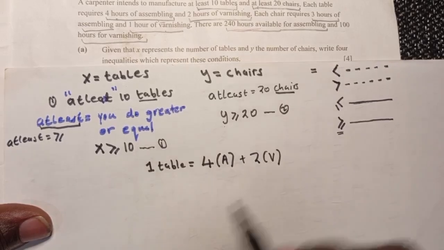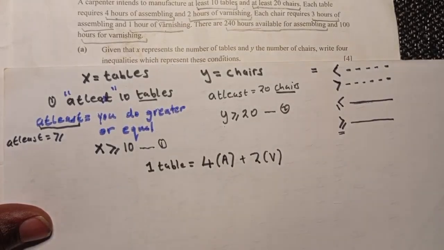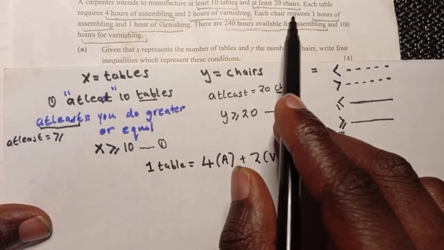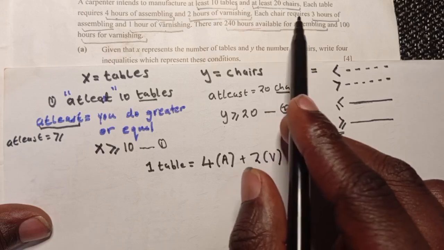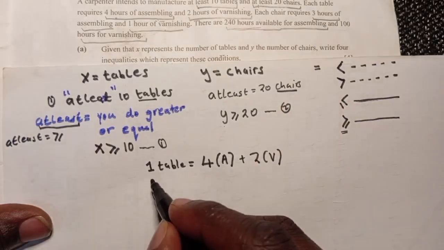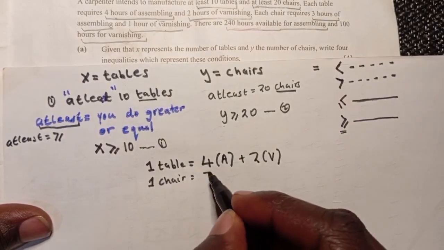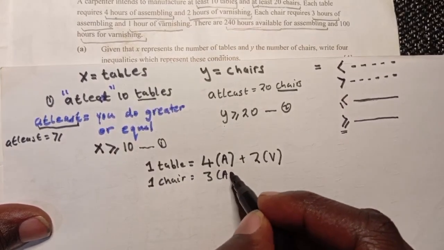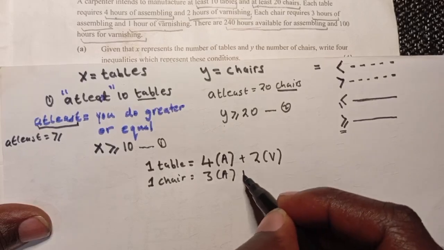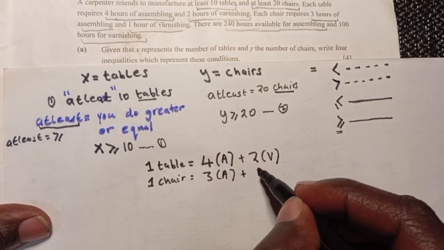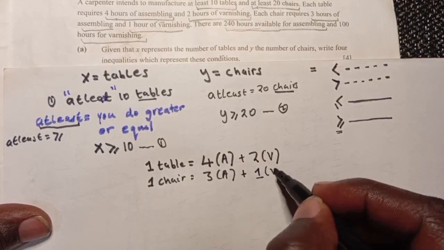I'll just write V. That is one table. And then one chair requires 3 hours of assembling, plus it also requires 1 hour of vanishing.